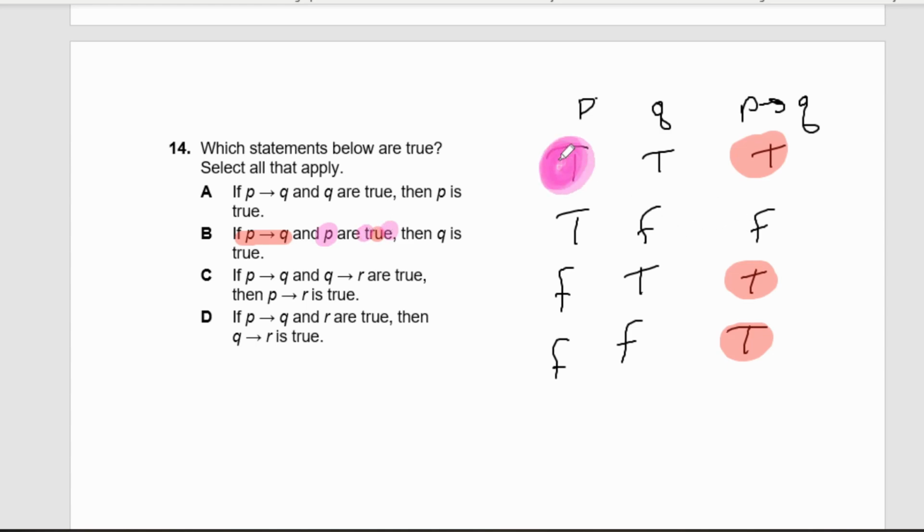So I'm only going to highlight when P is true. Then Q is true. So I'm going to come in for Q. I'm only going to highlight my Q column.